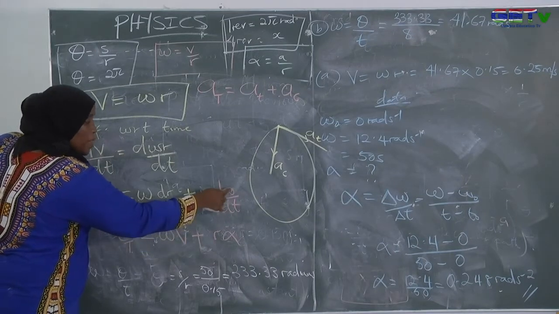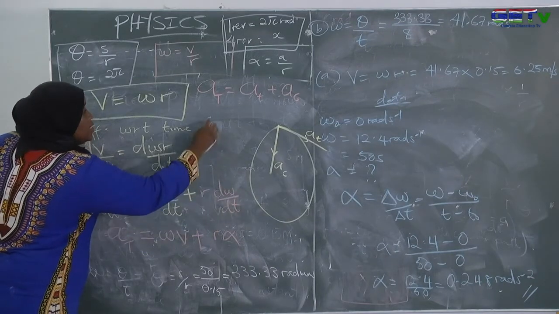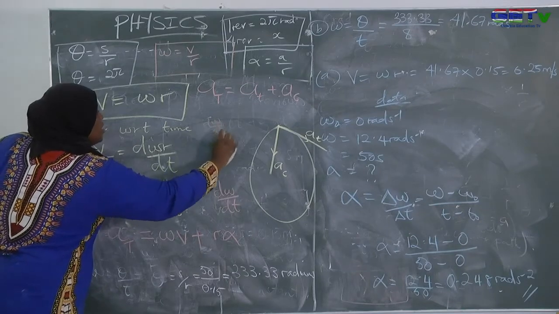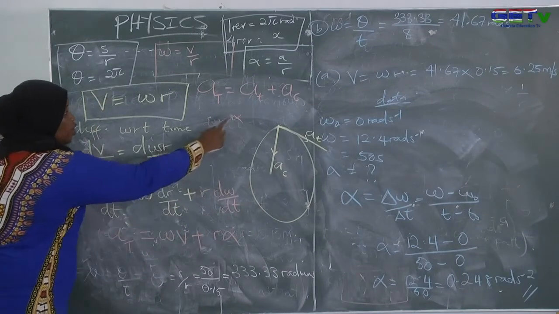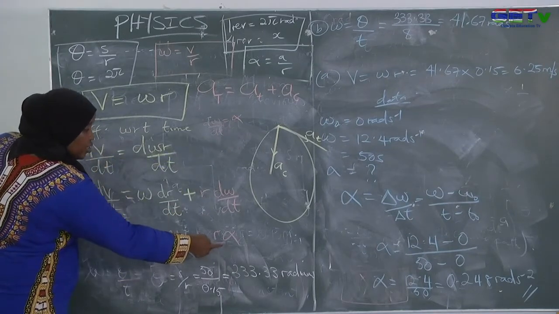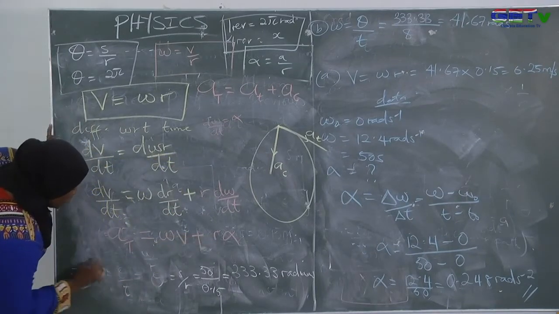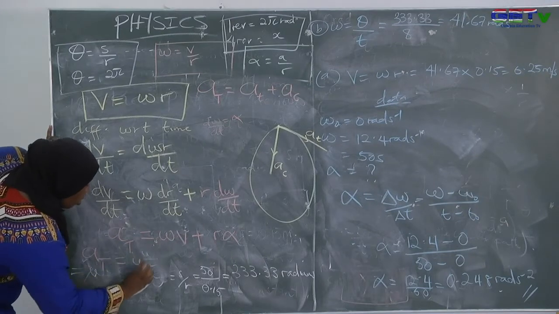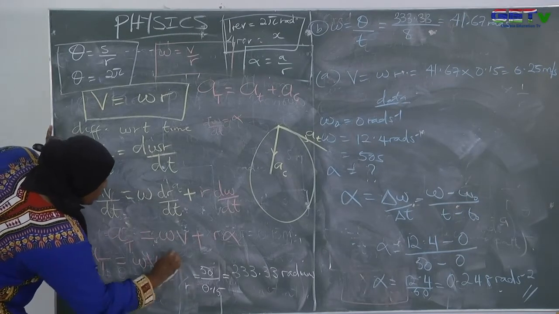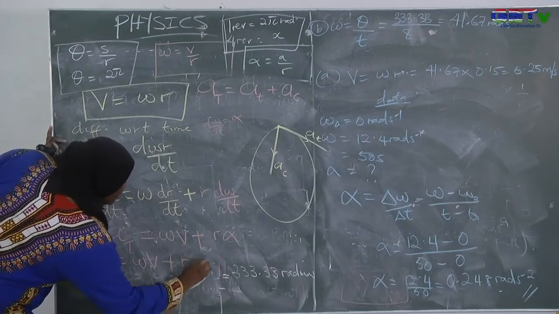We differentiate omega with respect to time. Change in omega all over change in time is always alpha, which we call the angular acceleration. This is why I obtained something like AT, which is equivalent to omega v plus r alpha.